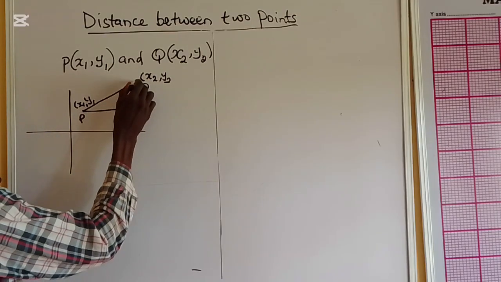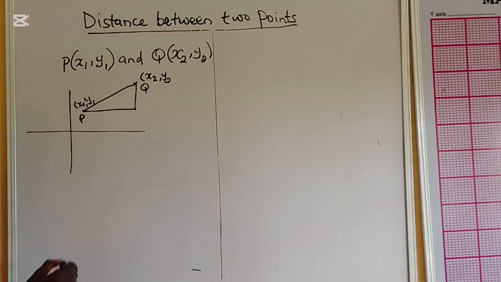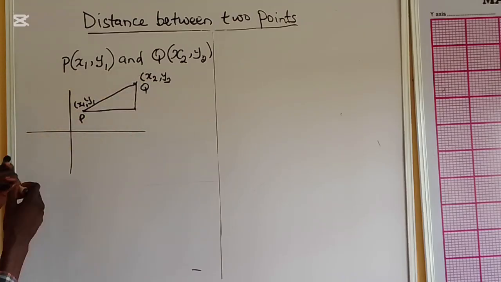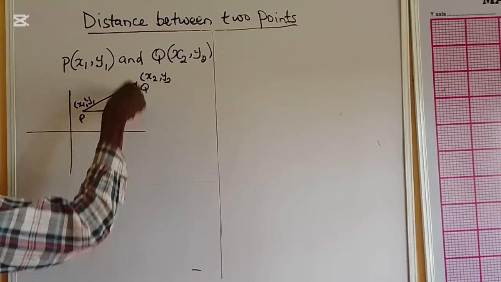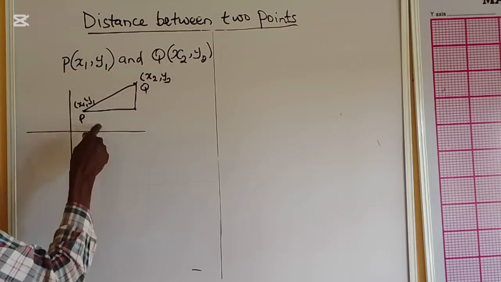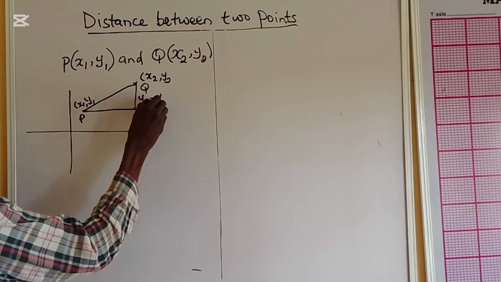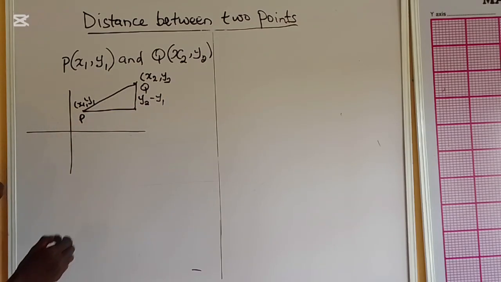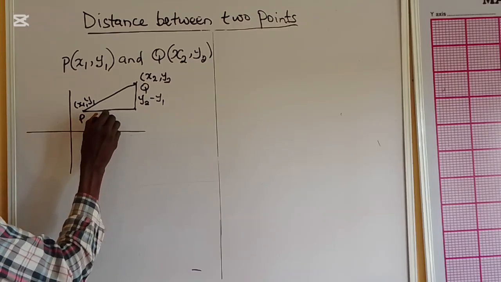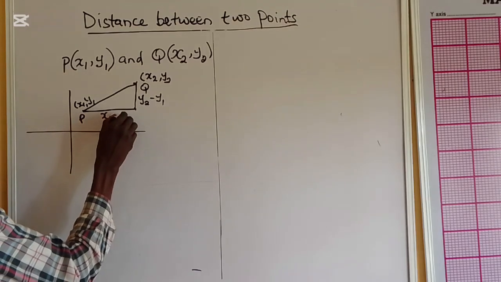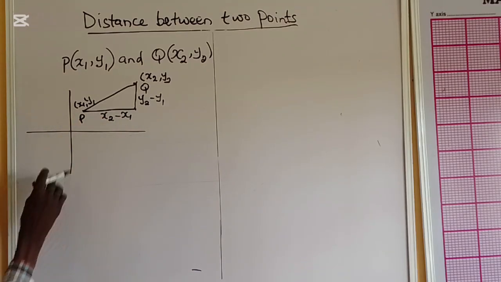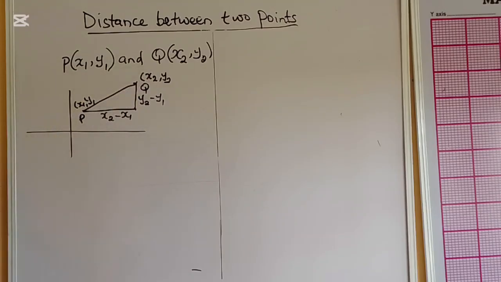Now, by using Pythagoras theorem, this is the y side and here is the x side. So here will be y2 minus y1, and here will be x2 minus x1. So let us find the distance.